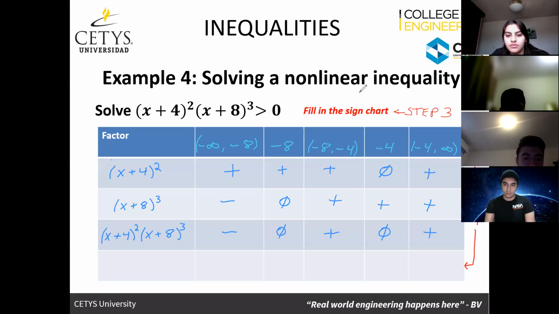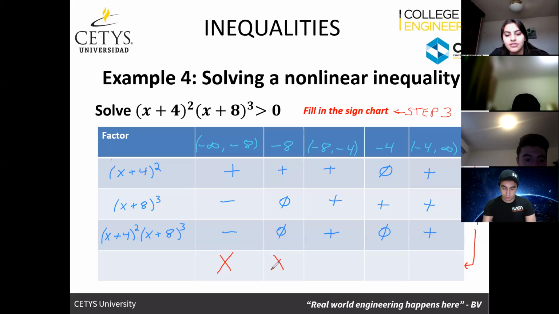For the first interval, which is this one here, does the first interval comply with the inequality? No, because it's negative. Correct. So this first interval does not comply because it's negative. Does the -8 by itself comply with the inequality? No, because it's 0.